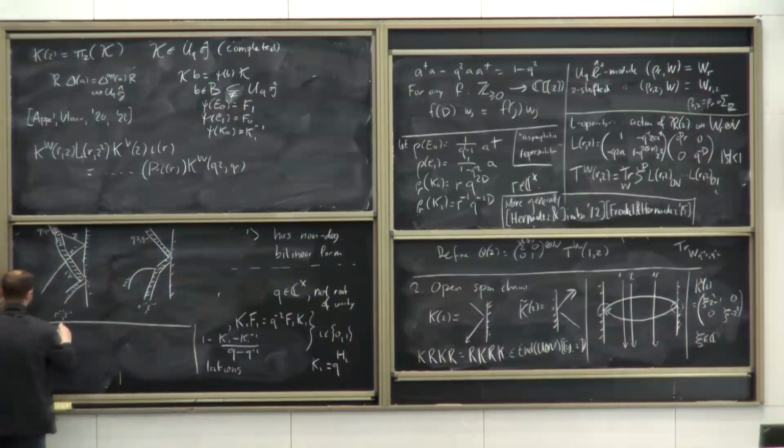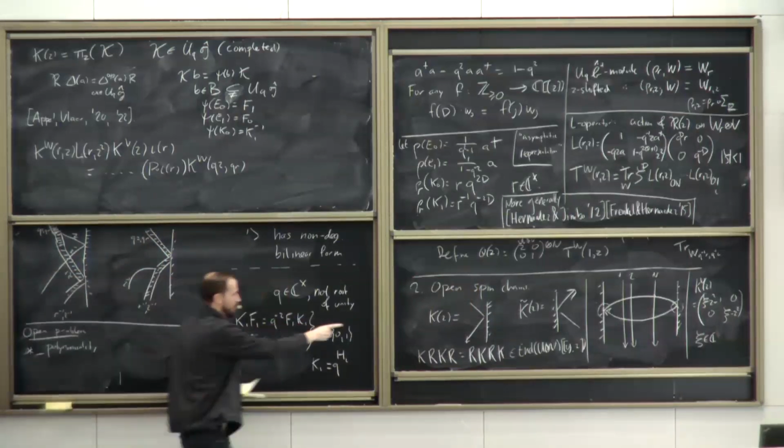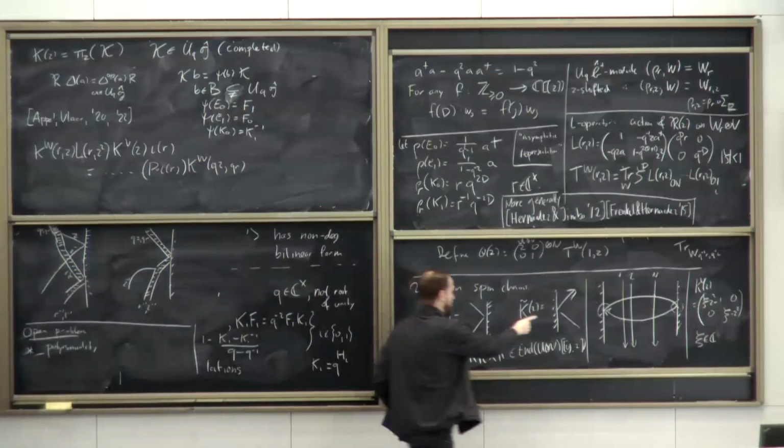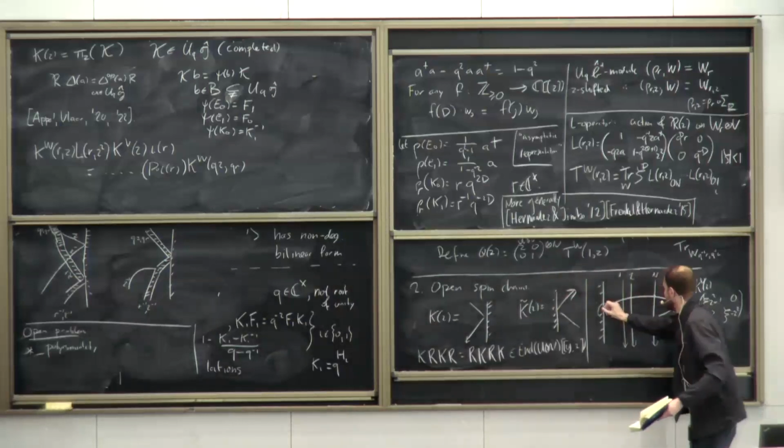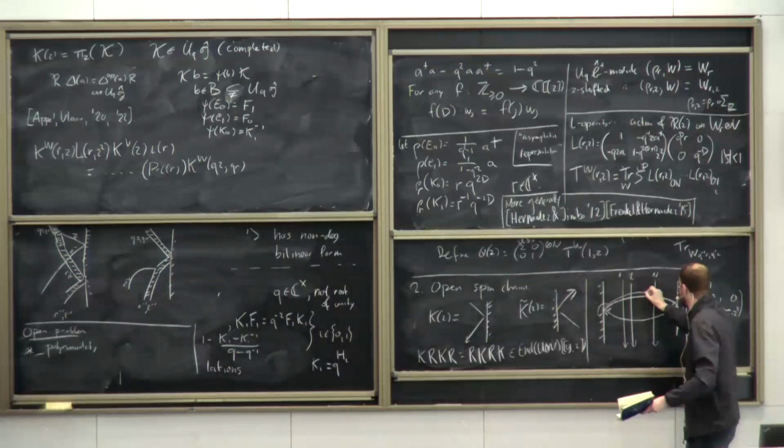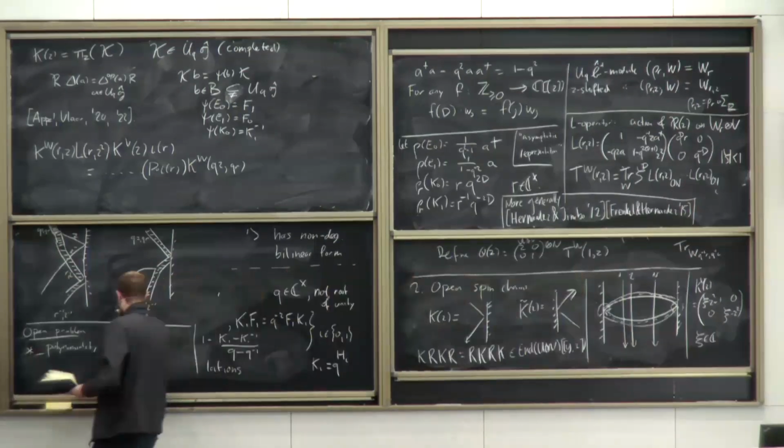So we can prove the TQ relation. There are some basic problems we can't solve yet. We don't know if Q of Z, defined by this picture, if I let this be the infinite dimensional vector space W, polynomiality of Q of Z is not clear.